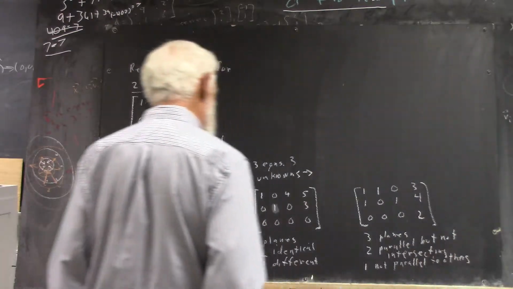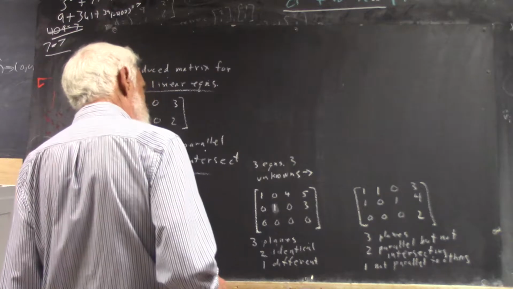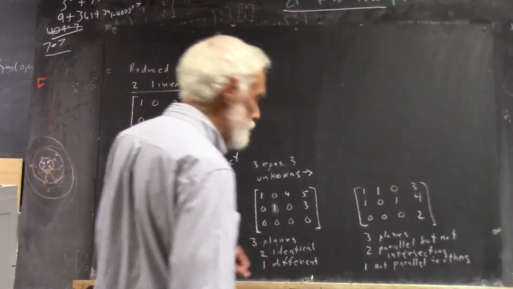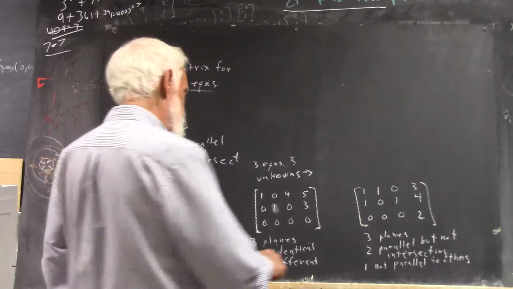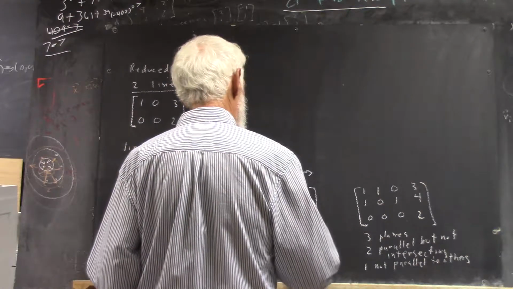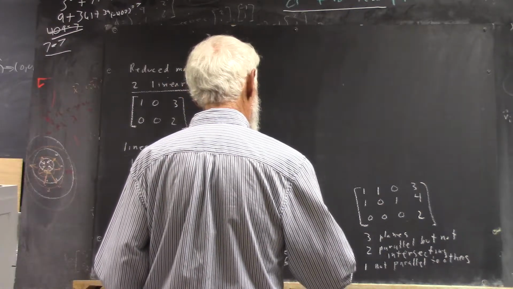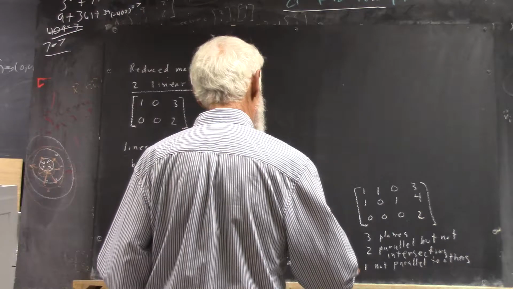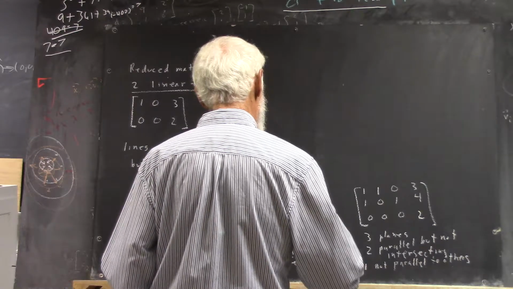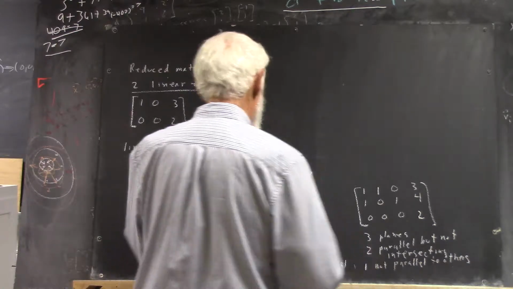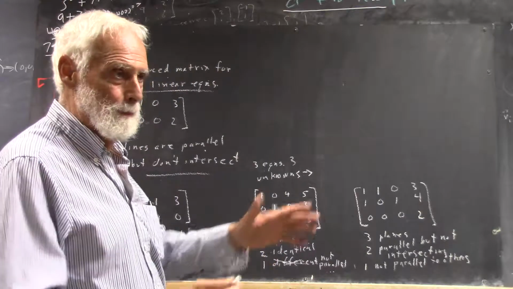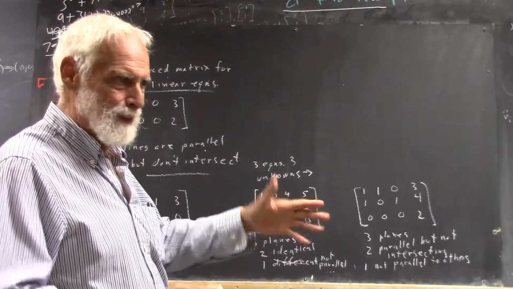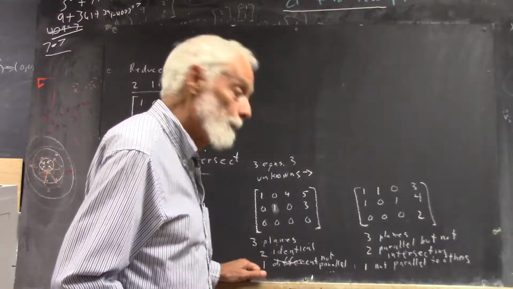And one's not parallel to the others. And when I said here one different, I should have said one not parallel to the others. It could be different, but still parallel. So I was a little careless with my wording. Okay?